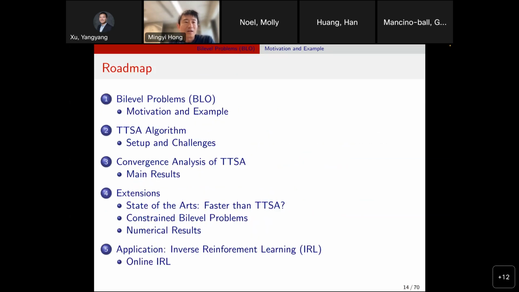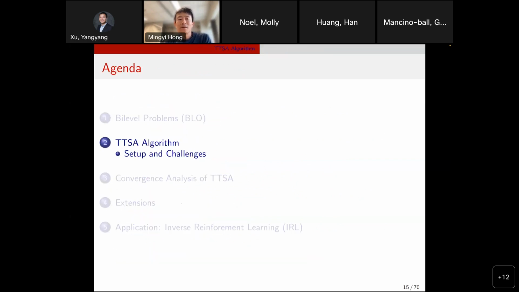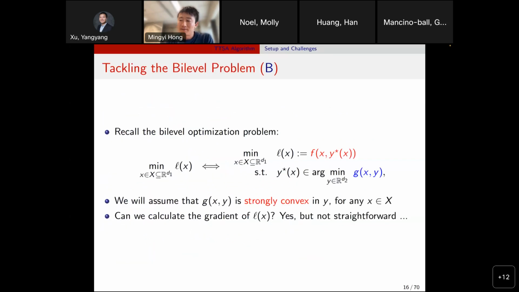So the plan is we'll first talk about our algorithm, then convergence analysis, then some extensions and the state of the art, and then we'll go to the application. Any questions so far?